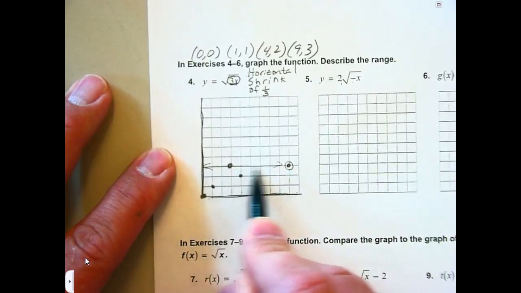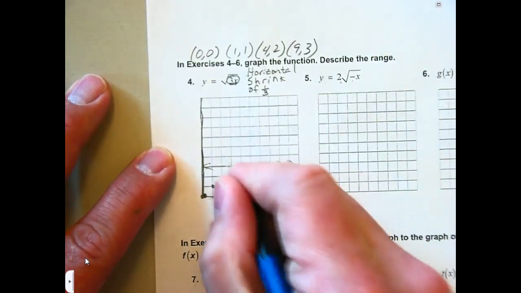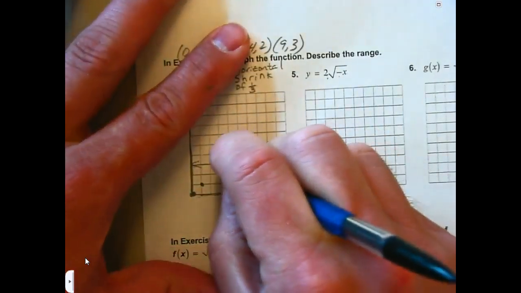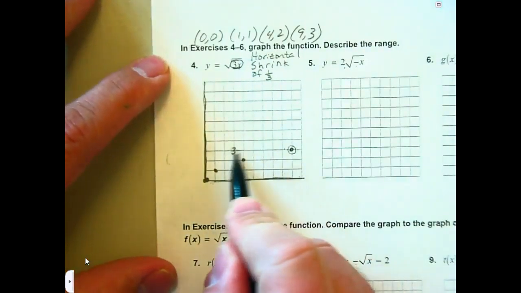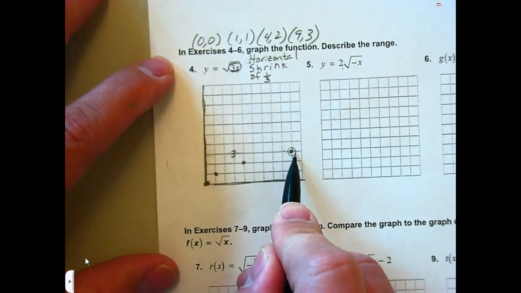It changes the distance away from y to 3. I'm going to put a 3 here, showing that was after my shift. This point moved to 1/3 of the distance away from y instead of 3 times the distance.